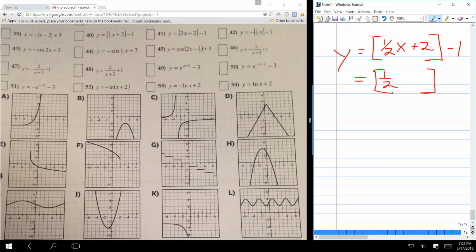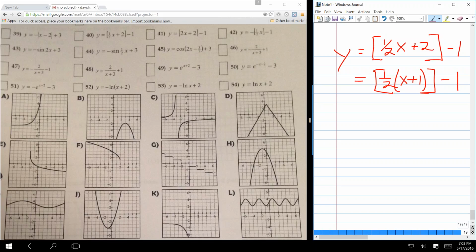Factor out the 1/2. That's all. That's what you're doing, factoring out the 1/2. What's left behind? Oh, x plus 1. Okay. Now that's the same thing. So now we're looking at the greatest integer function.